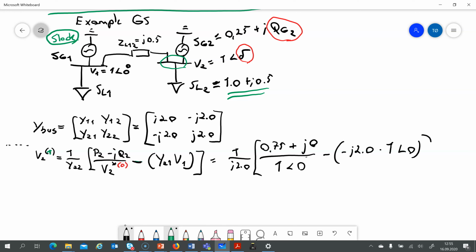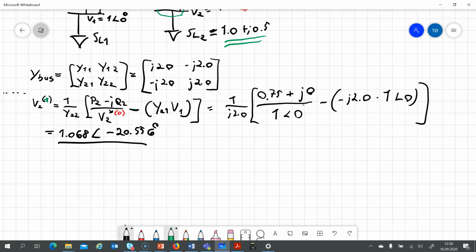Let's start the first iteration, and we calculate then a value of 1.068 with an angle of minus 20.556 degrees.